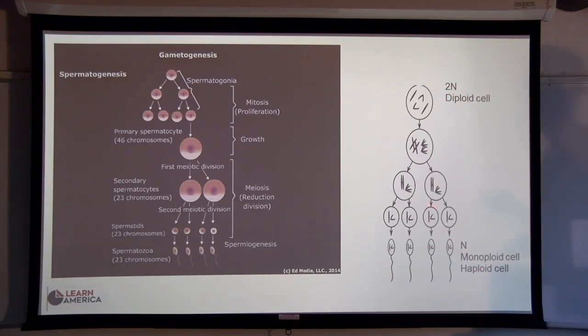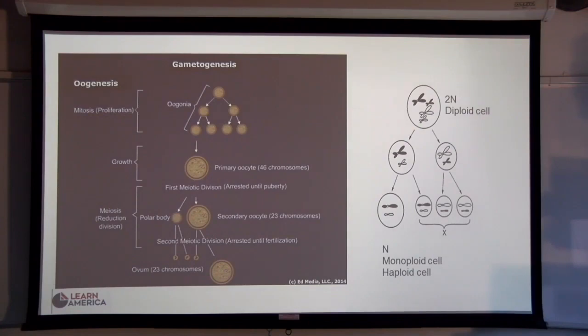So in humans, how many chromosomes would be in the haploid? 23. Because we said before, in a diploid there was 46, so it would be 2 times 23. Half of 46 will give you the 23.